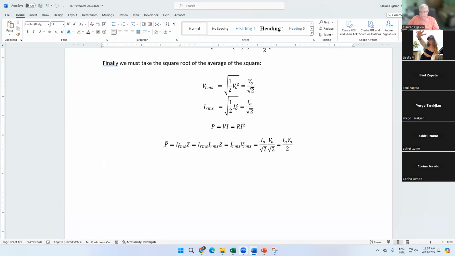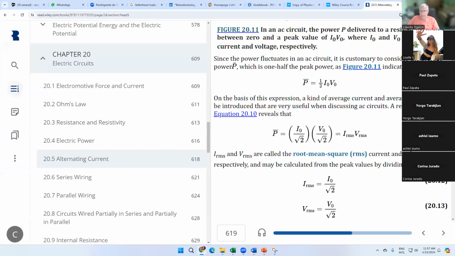That's what we end up having for the average power in terms of the root mean square value.